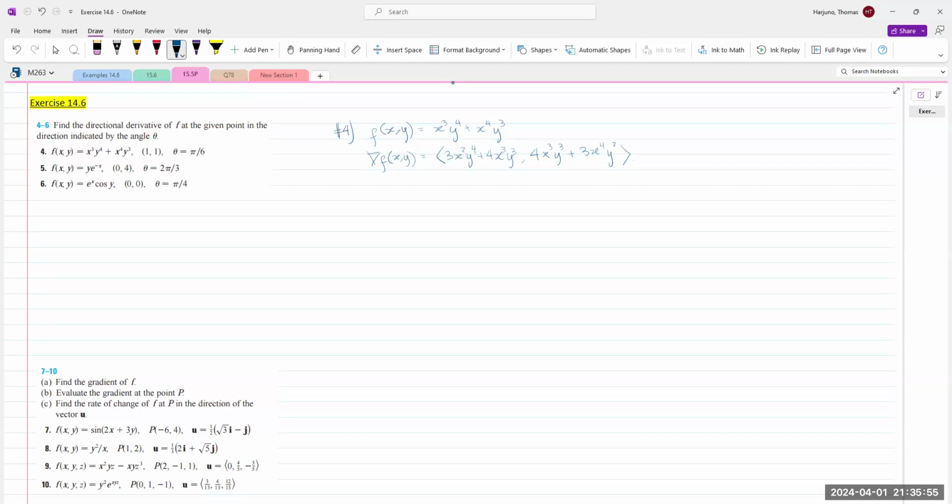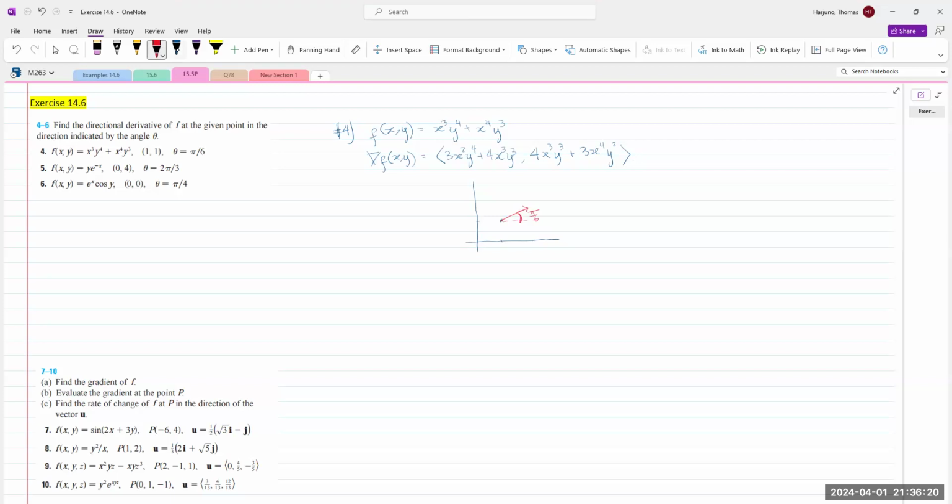So basically the question is, if we have on the domain coordinate 1, 1, and we are moving in the direction that is pi over 6 radian from the positive x-axis. Okay, so this is pi over 6 here.